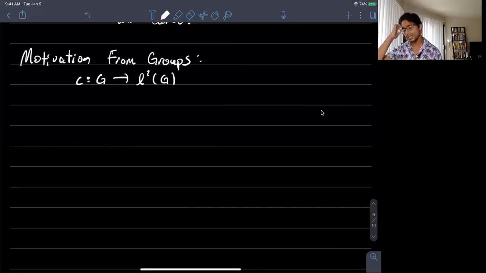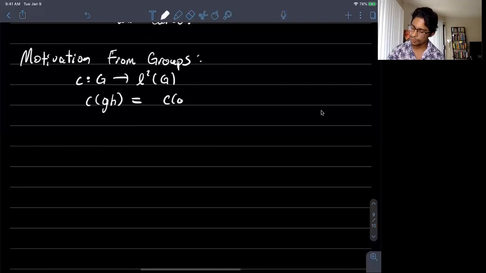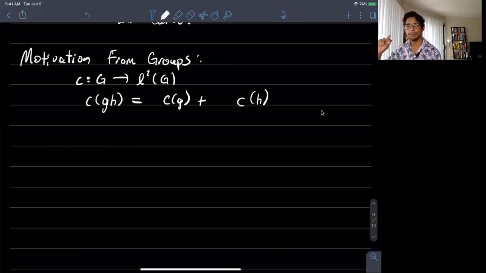Okay, so it's a function that takes in elements of the group and spits out vectors in L2, and it has the following properties. C of GH should be C of G plus C of H. So at the moment, it looks just like a homomorphism going from the group G into this additive group L2 of G, but I'm going to give it a twist.